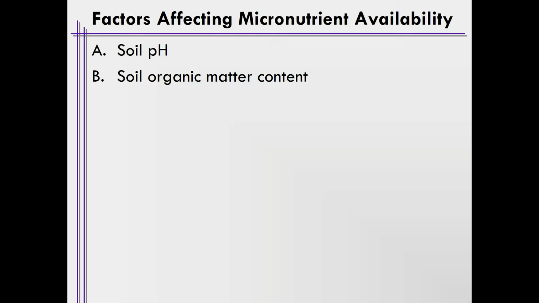Soil organic matter content greatly affects iron and zinc availability. I think we sort of touched on both of those on the last slide. Soil texture greatly affects iron and zinc availability. Think about coarse textured soils versus fine textured soils. And you probably can answer the question, which one has more or less iron or zinc availability?